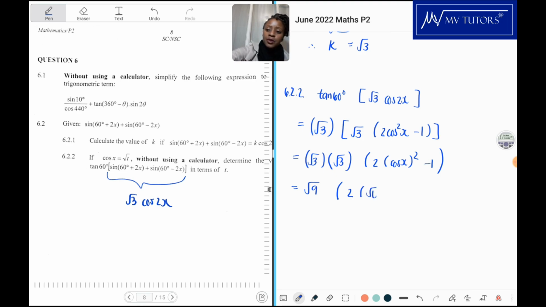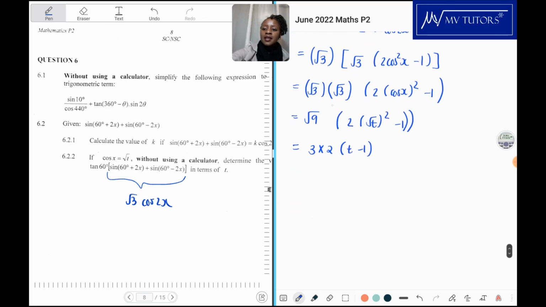So I have root t squared, and we have minus 1 over there. So I have 3 here. I have 3 times 2, and in the bracket the square root and the exponent 2 are going to cancel each other, so I'll be left with t minus 1.